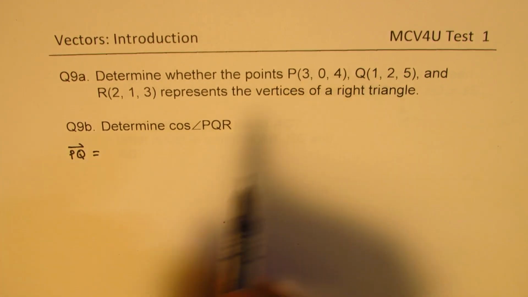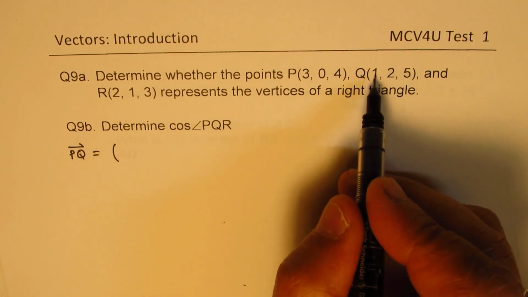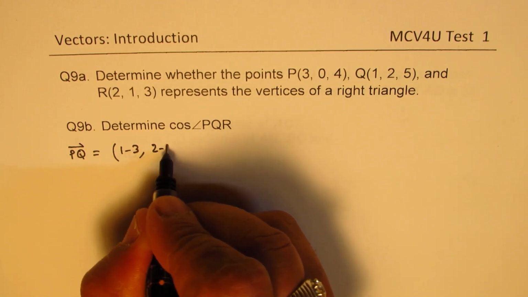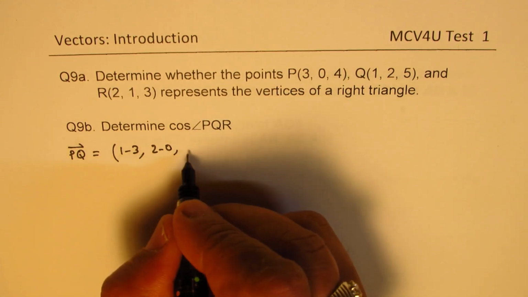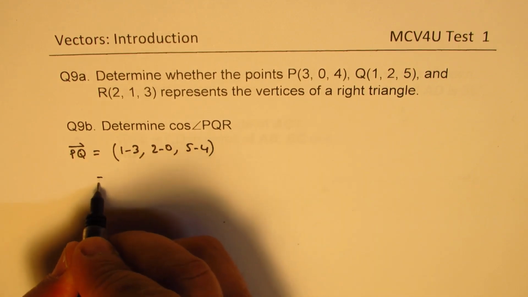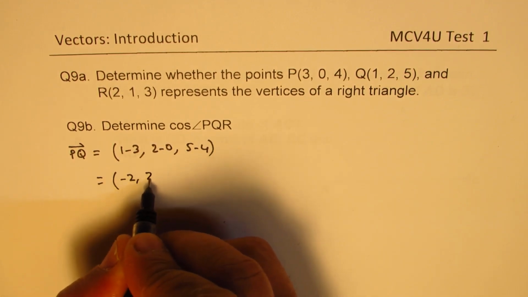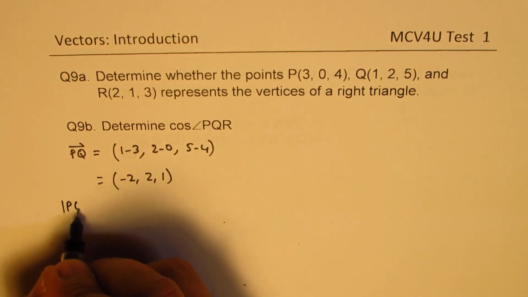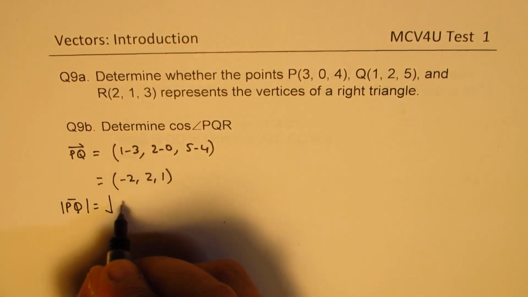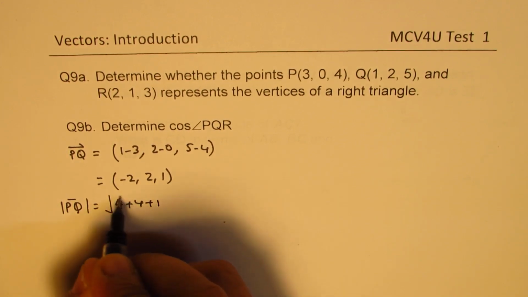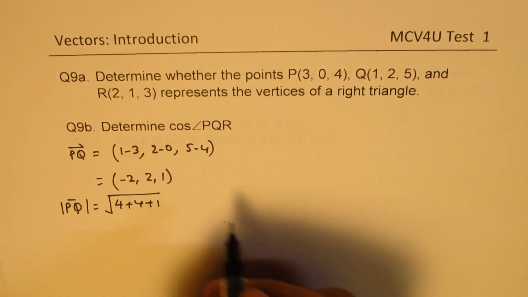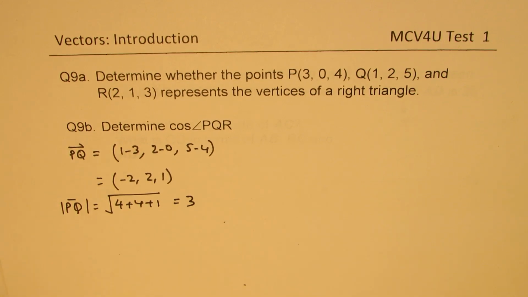So PQ will be 1 minus 3, 2 minus 0, 5 minus 4, which is minus 2, 2, and 5 minus 4 is 1. So the magnitude of PQ will be square root of this square plus that square, that is 4 plus 4 plus 1, which is 9, square root, and that is 3, correct?